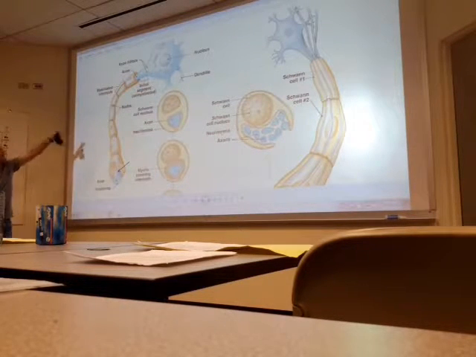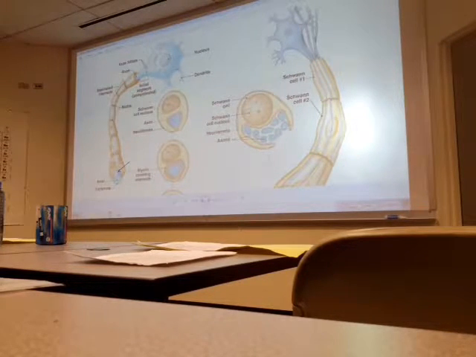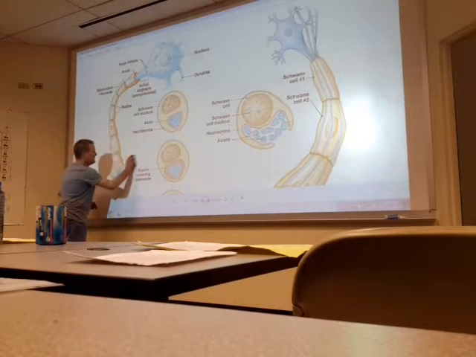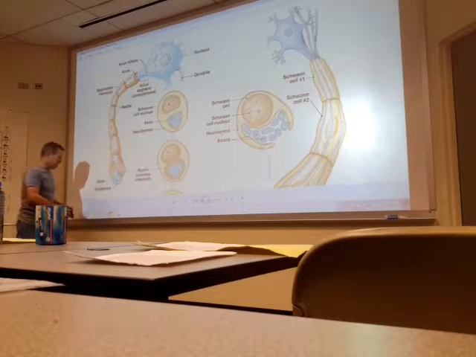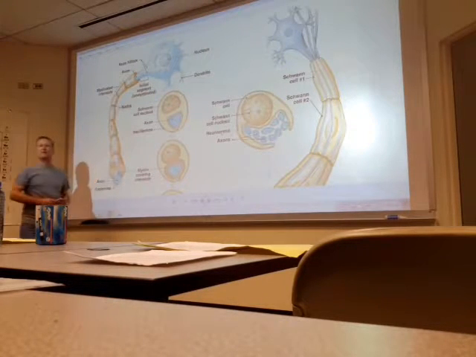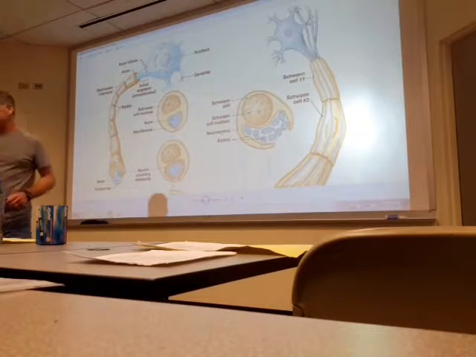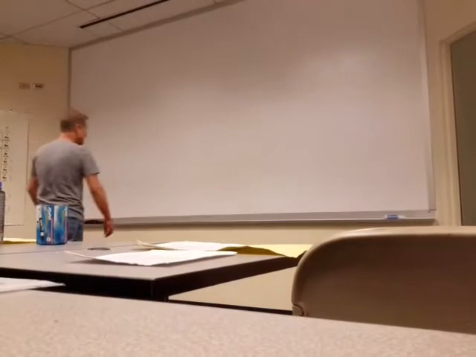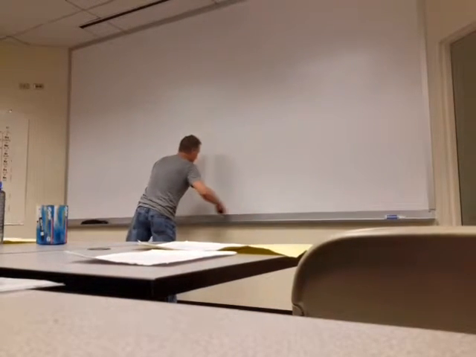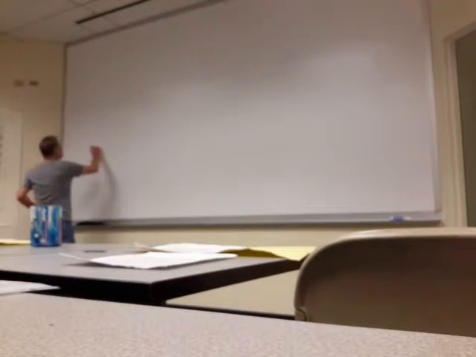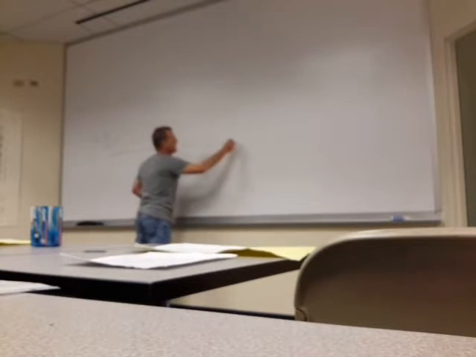So where along the nerve cell process do you suppose the action potentials occur? Nodes. At the nodes, and only at the nodes. So the action potentials jump from node to node. Translation, saltatory conduction. The action potentials jump from node to node. So somebody says, what's saltatory conduction mean?